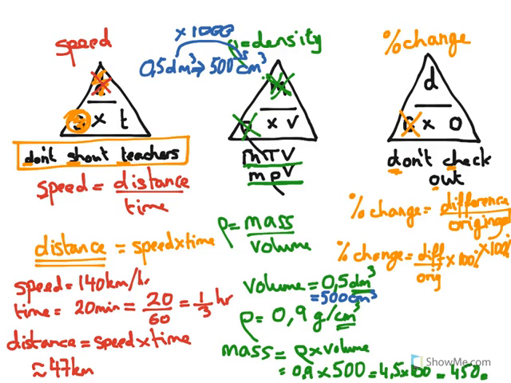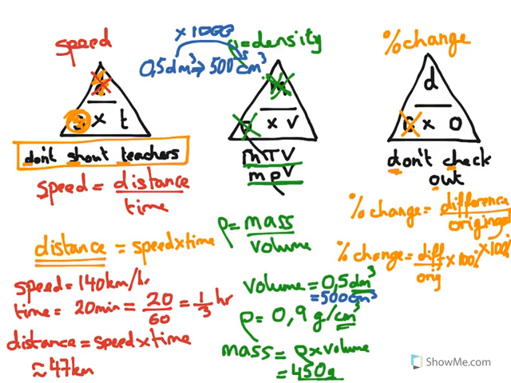So we now know that the mass of our block of ice would be 450 grams. A very important thing here is to make sure that you don't try and do any maths until you've got the same units. So 450 grams.